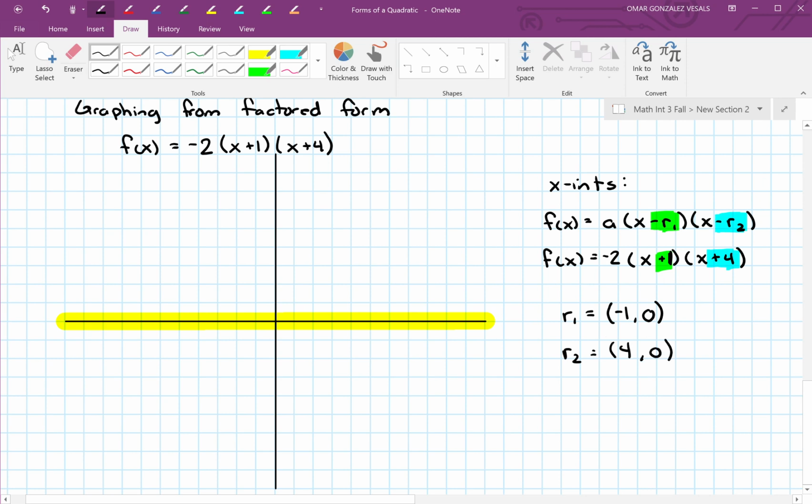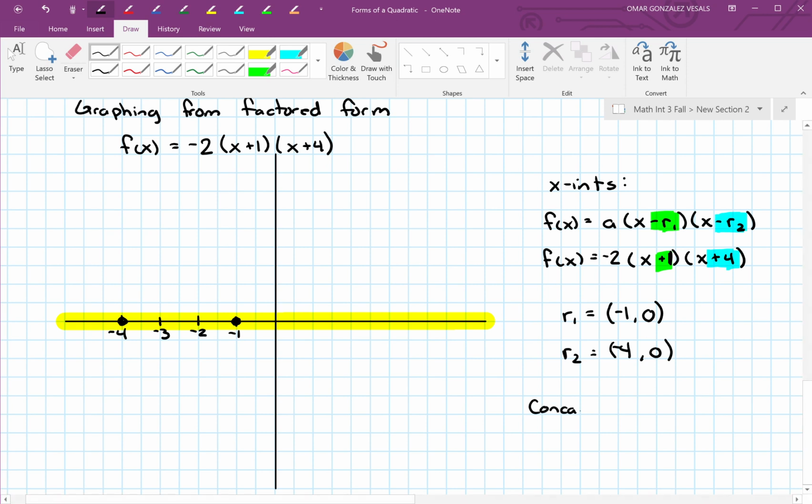So let's draw these out: negative 1, negative 2, negative 3, negative 4. So I have both of my roots, so I have 2 points on my graph. And what's the last thing that this is going to give me? It's not going to give me my vertex, but it will give me concavity.